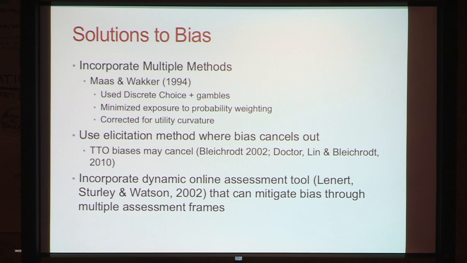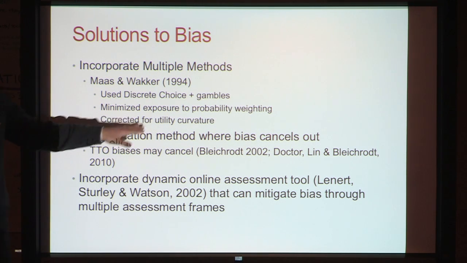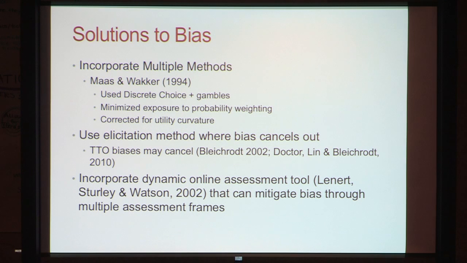So what are some of the solutions to these biases? One is to use discrete choice. This was a strategy by Moss and Walker. They used discrete choice to get all these different values for health states. Then they minimized exposure to probability weighting by using very simple risk questions that they could correct for probability weighting, to get at their attitude towards risk. You combine those two things and you get more valid utilities. Another option, like I mentioned, is to use the time trade-off, which may have biases that cancel out, and there have been some studies on that.